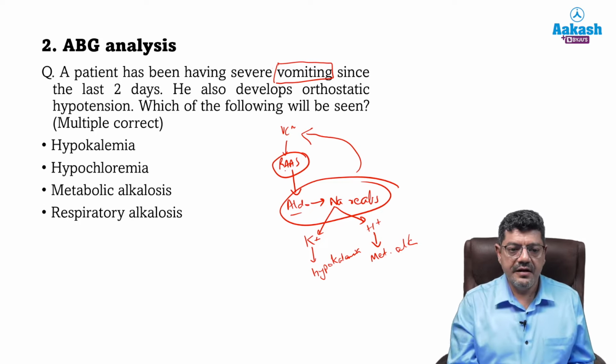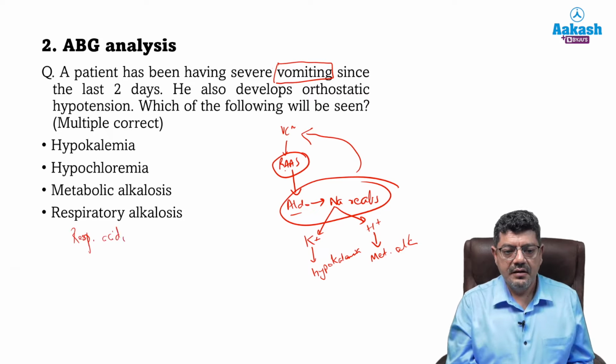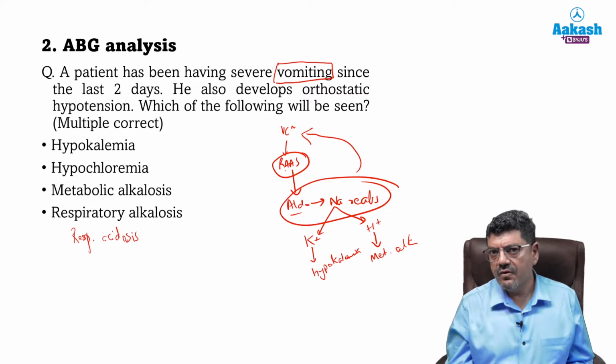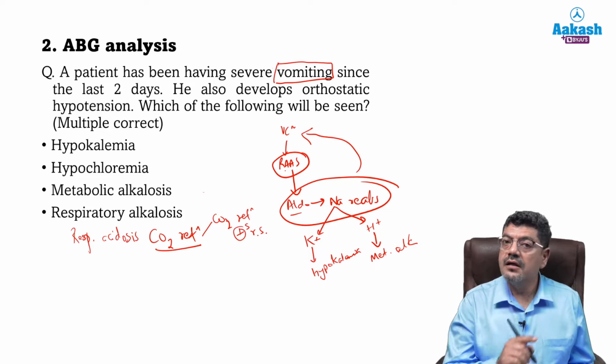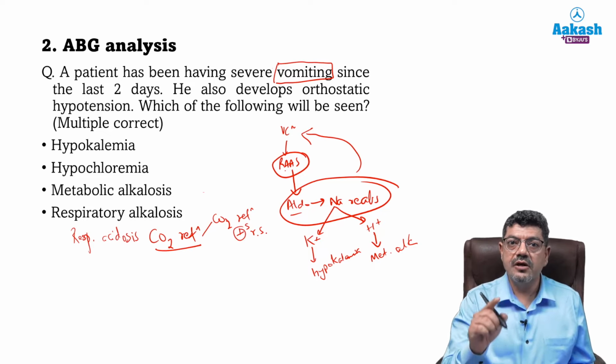Now they had given respiratory alkalosis, obviously that won't be seen. What if they had said respiratory acidosis, right? Now you would know that metabolic alkalosis would be compensated for by a CO2 retention, right? Now, 2 things about that. One is that any CO2 retention in the body stimulates the respiratory center. So the awake, conscious individual never compensates for metabolic alkalosis.